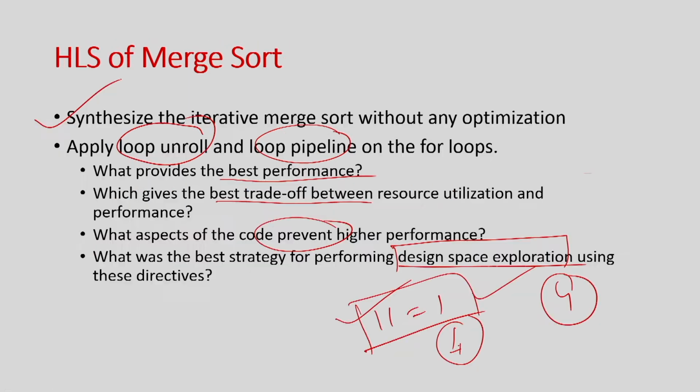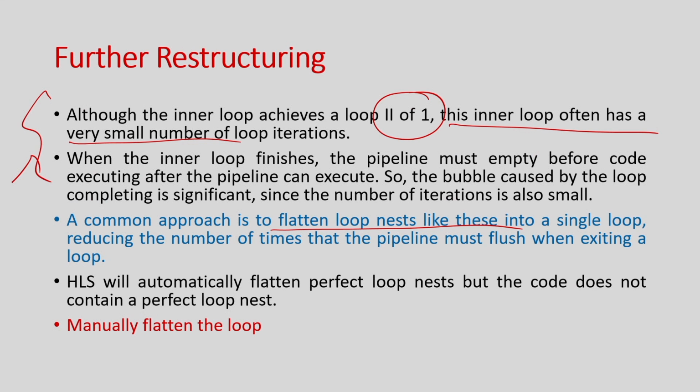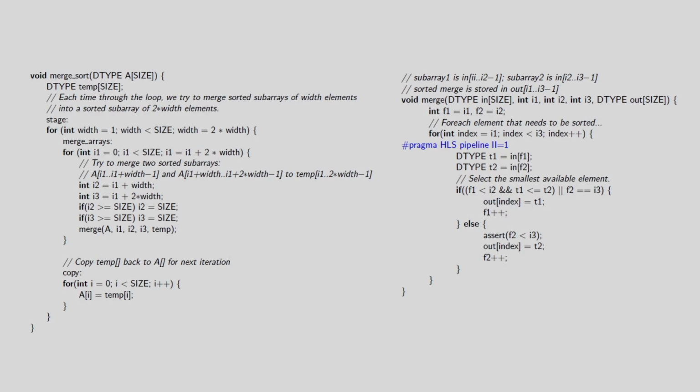Actually, this flattening is done by the high level synthesis tool for perfect loops. But this is not a perfect loop because there are a lot of conditions and so on, so the HLS tool may not be able to flatten it. So, you should flatten manually, and that is what I did next.